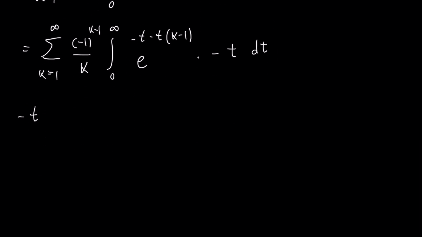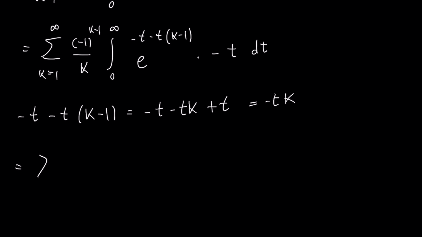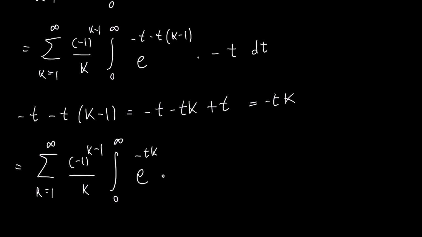And negative t minus t times k minus 1 is equal to negative t minus tk plus t, but that's equal to negative tk. So this is equal to the sum from 1 to infinity, negative 1 to the k minus 1 over k, and the integral from 0 to infinity, e to the negative tk times negative t dt.